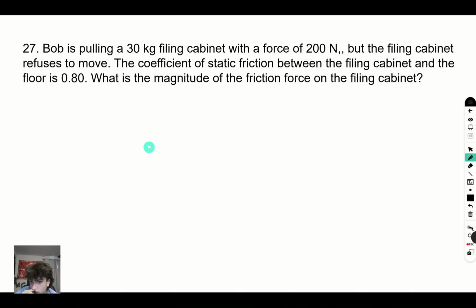Alright. So here's where the trick with this problem is: we know that the friction force is just mu times normal. We're given the mass, so we know the filing cabinet is 30 kilograms, and therefore the gravitational force pulling it down is going to be 300 newtons, and therefore the normal force is also going to be 300 newtons.